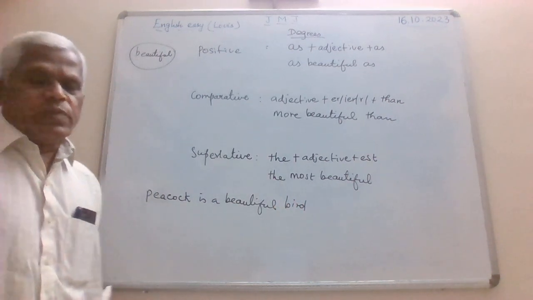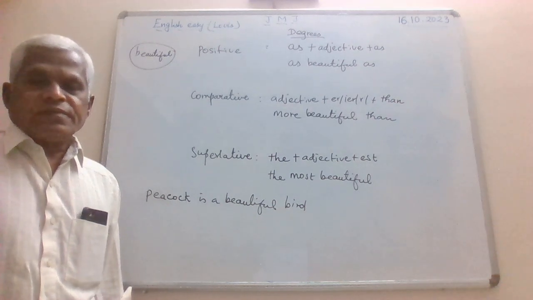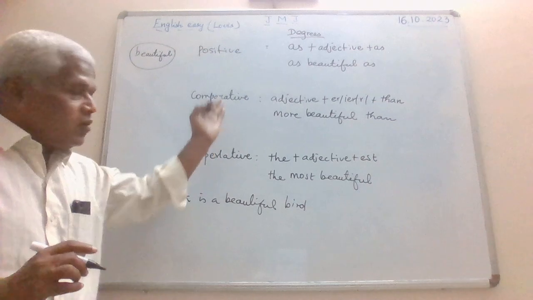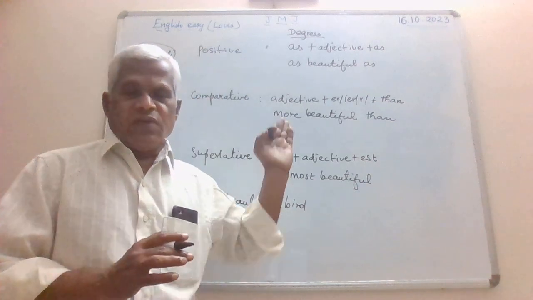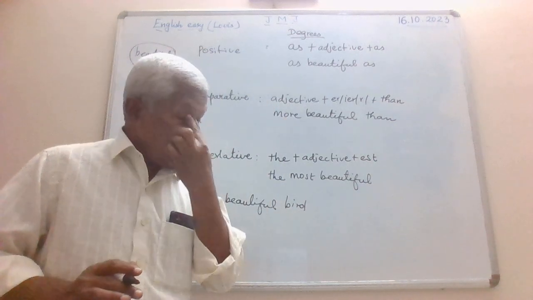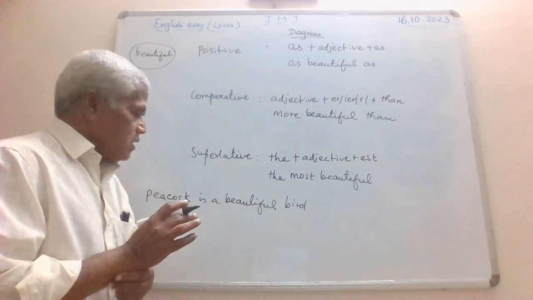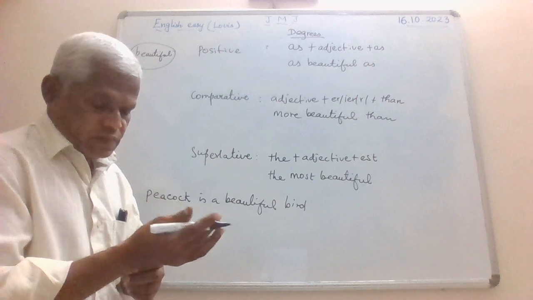Peacock is a beautiful bird. I am just giving you sentences only. I am not going for transformation or changing from positive degree to comparative. I am just giving you an example. Peacock is a beautiful bird.